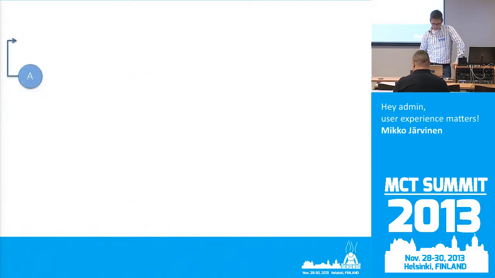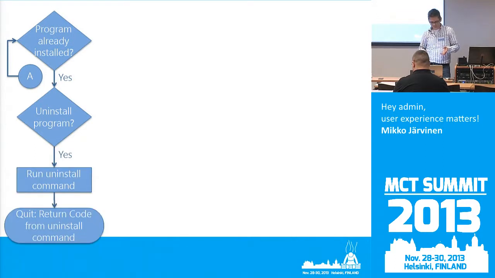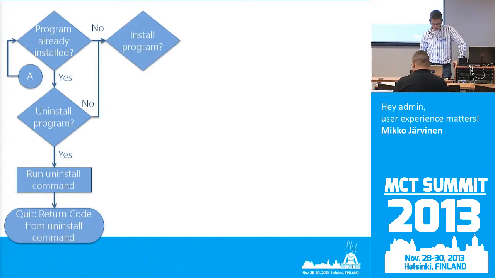Then the script continues. It checks if the program already has been installed. If it's installed, it provides a way for the user to uninstall that program. And we will return the return code from the uninstall command back to the config manager. If the user gets here, finally he can choose to install the program.